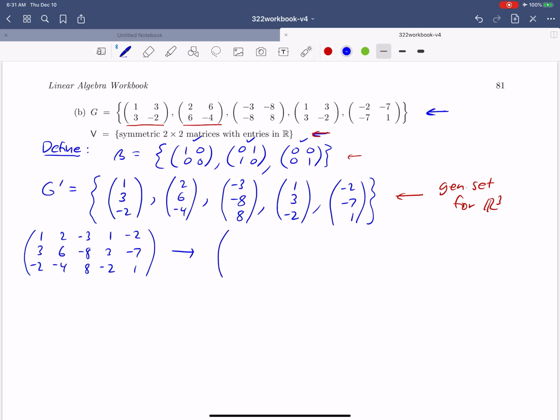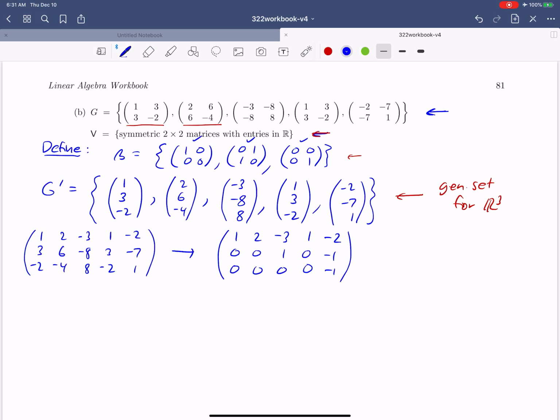This is probably easier done with a calculator or something. I'm just going to show you what I got after row reduction: negative 3, 1, 0, 1, 0, 0, and negative 2, negative 1, negative 1. Let's see if those are right.